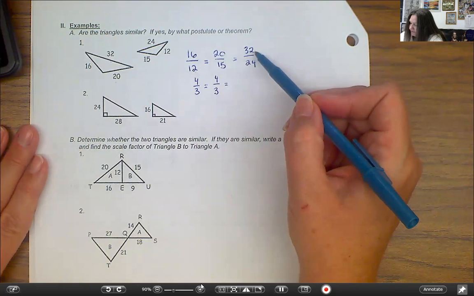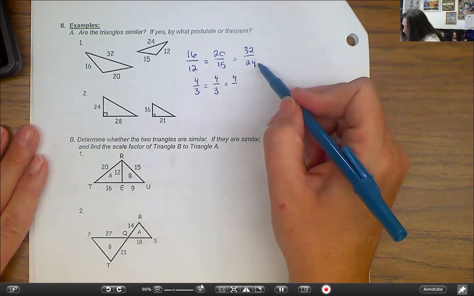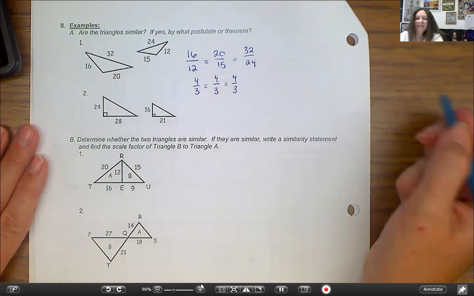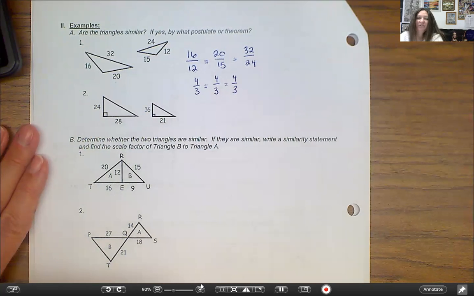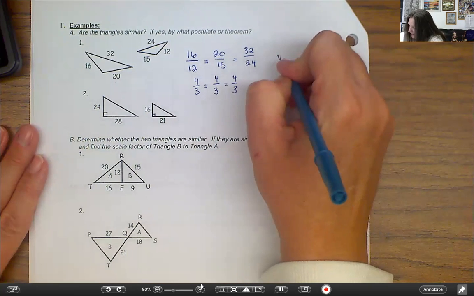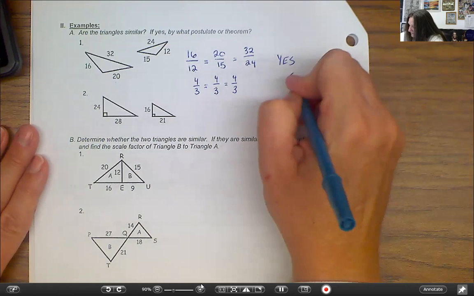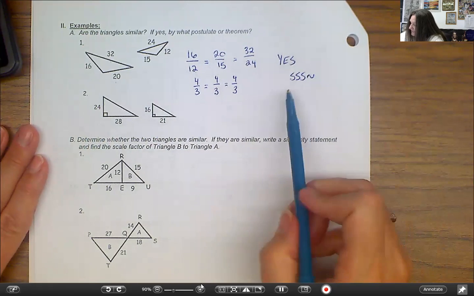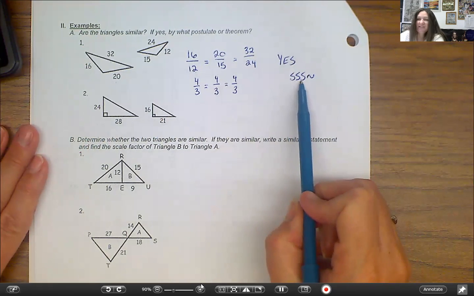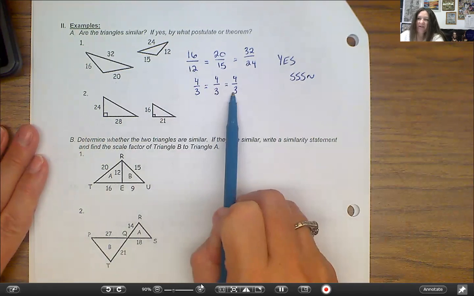So 32 divided by 8 is 4, and 24 divided by 8 is 3. So I did get a scale factor of 4/3 in each case. Okay, so I would say yes, these triangles are similar. And we used side similarity, because I listed that 3 sets of sides were proportional because they had the same scale factor.